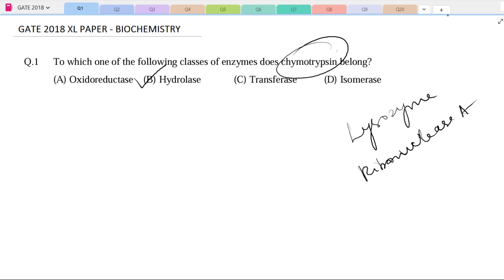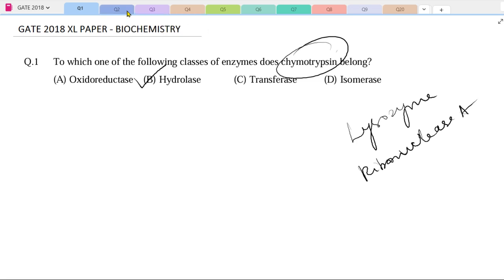If you can look at what amino acids are being targeted and which one is the donor pair of electrons or the acceptor of electrons, you will be able to understand the mechanism of action, and based on that you will be able to say whether it's an oxidoreductase, a hydrolase, a transferase or an isomerase. Here chymotrypsin is a hydrolase, and its enzymatic action is based on hydrolytic action.